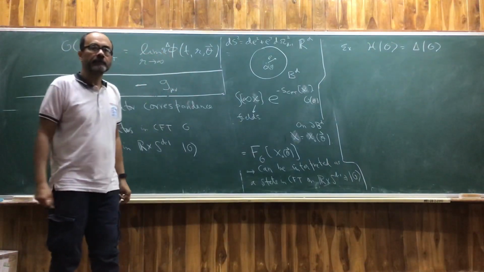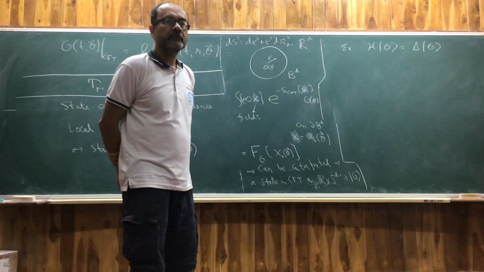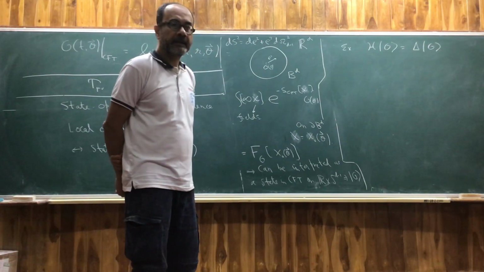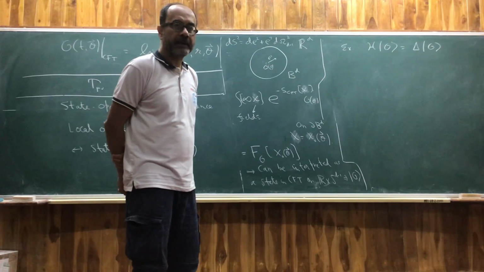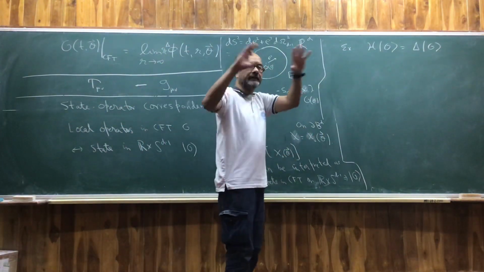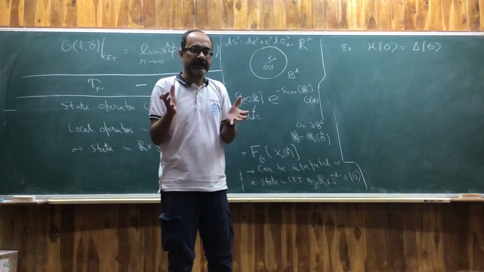So that state is an eigenstate of the Hamiltonian. It's not an eigenstate of the field operator. This chi0 of theta is some function. We define a state.